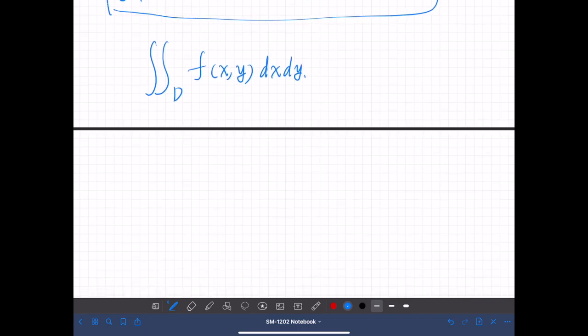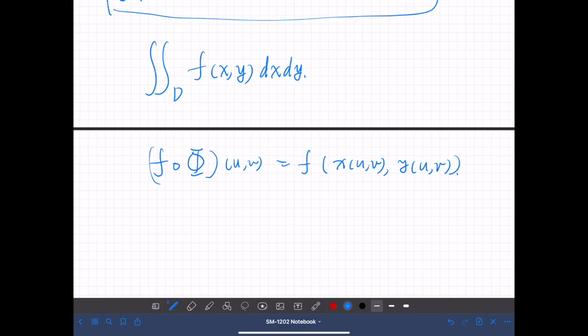By changing variables, we have a composite function, f after Phi of (u,v), that is f of x(u,v) and y(u,v).